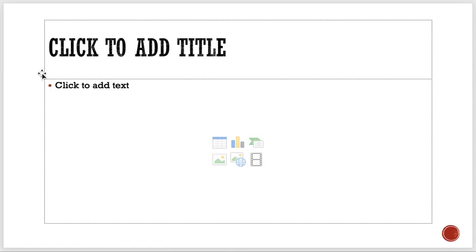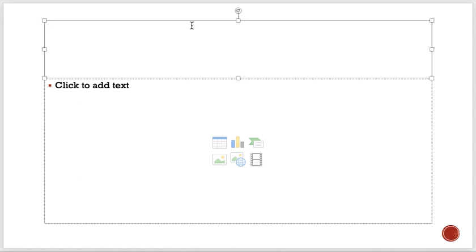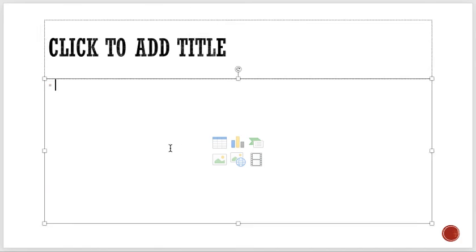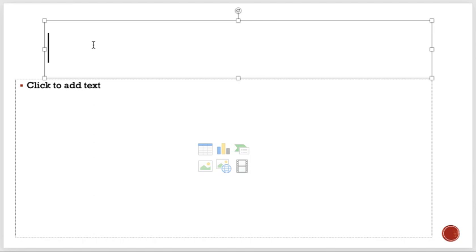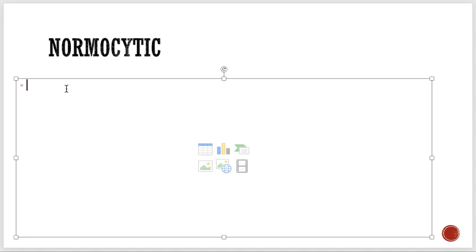So we have discussed microcytic as well as macrocytic anemias, right? And now what is left is normocytic anemia. In normocytic anemia there are important causes. Remember, one is hemolysis, one is hemorrhage, and one is anemia of chronic disease.